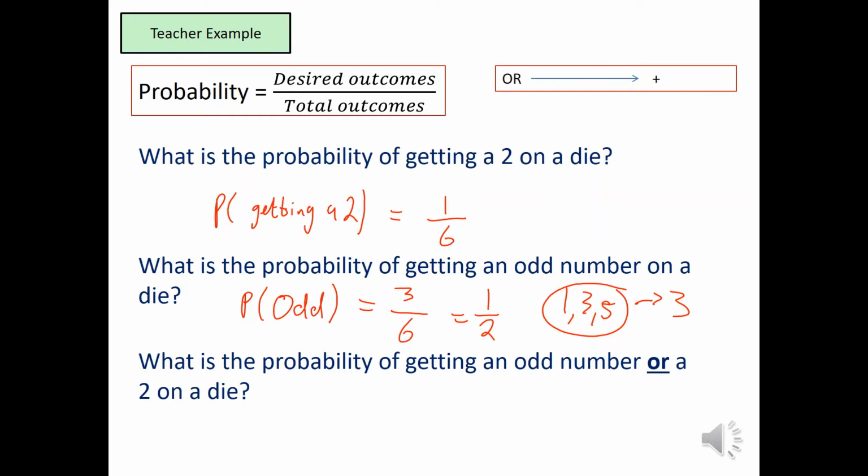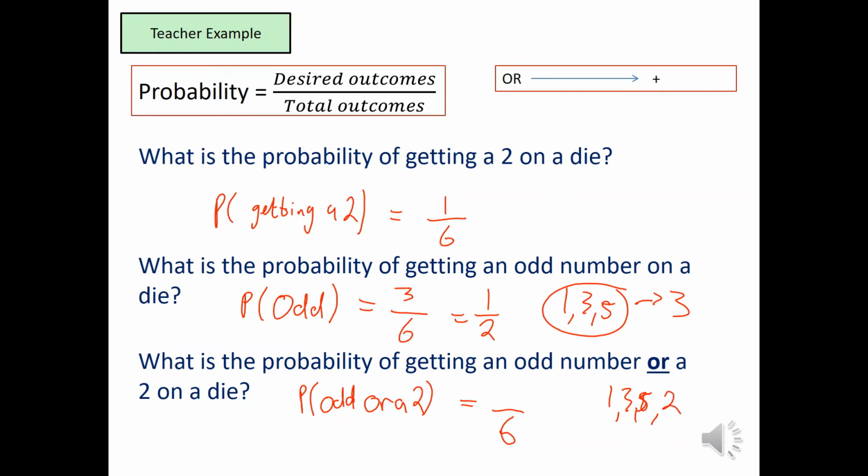Okay, so let's deal with the final one. What is the probability of getting an odd number or a 2 on a die? So probability of odd or a 2. Again, we have 6 possible outcomes. However, we're looking for an odd number or a 2. So let's list our odd numbers first. We have 1, 3, and 5. Also, we may potentially get a 2.